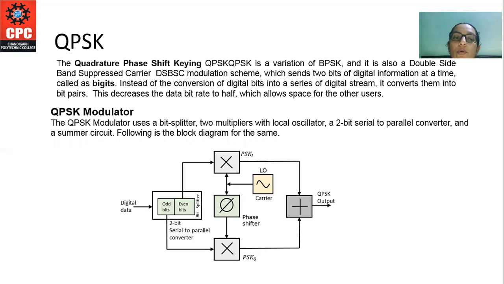The QPSK modulator uses a bit splitter, two multipliers with a local oscillator, a 2-bit serial to parallel converter, and a summer circuit. We already know that it is an M-ary encoding scheme, where 4 output phases are possible for a single carrier frequency.